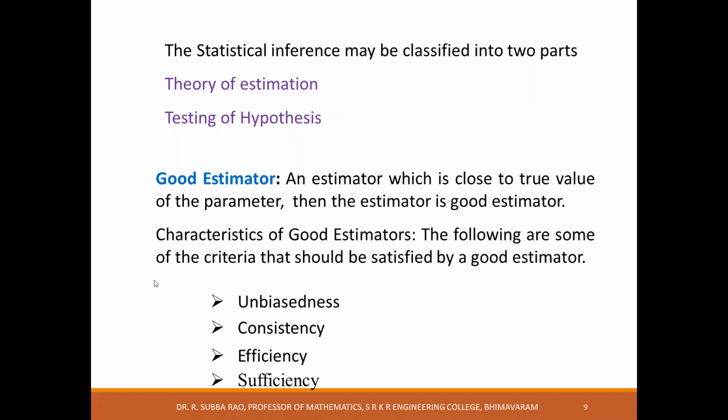Generally, you call an estimator a good estimator provided it satisfies some conditions. A good estimate is very close to the population parameter value, or the true value of the population parameter. Whichever estimator is very close to the population parameter is called a good estimator.